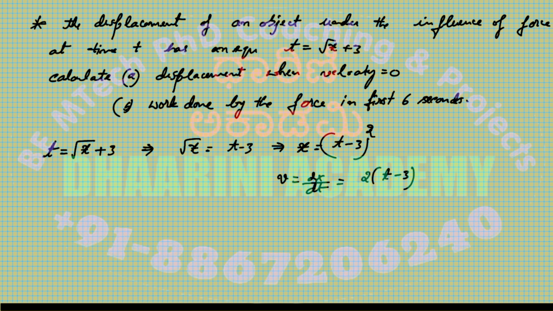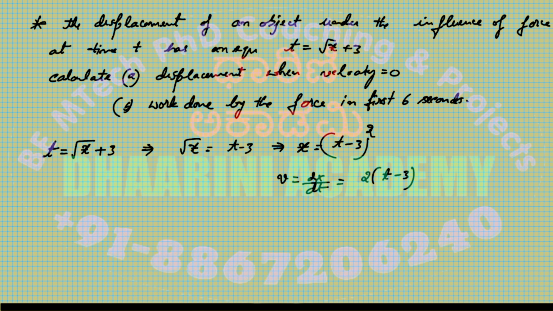So now I have to simply apply the work energy theorem to proceed. So the work done is equal to change in the kinetic energy, delta K, right? So that is half m into final velocity square minus half m into initial velocity square.